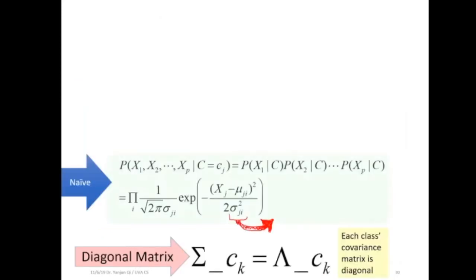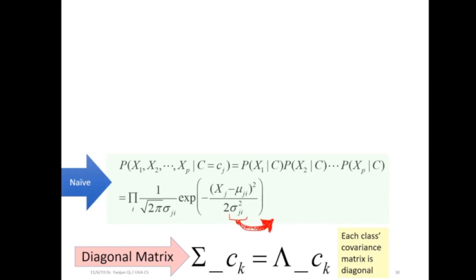So this is the naive assumption. I hope this is a matrix we normally represent with a special notation: a diagonal matrix. Like I told you, when you have the naive assumption on Gaussian, it's equivalent to assuming the covariance matrix for that specific class C is diagonal, because I need to generate multiple sigma matrices, and each one of them is a diagonal matrix.